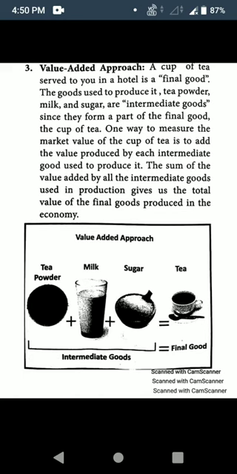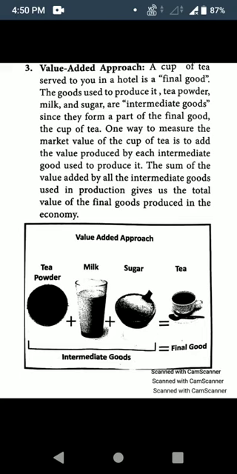You all know, to prepare a cup of tea, what are the intermediate goods you need? That is tea powder we need, milk we need, sugar we need, isn't it? These are all the intermediate goods. If we have all these things only, the final good will be given. That is, the tea can be produced. If you miss one item also, we can't get this final good, isn't it?